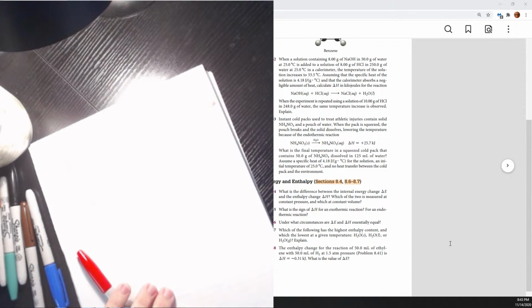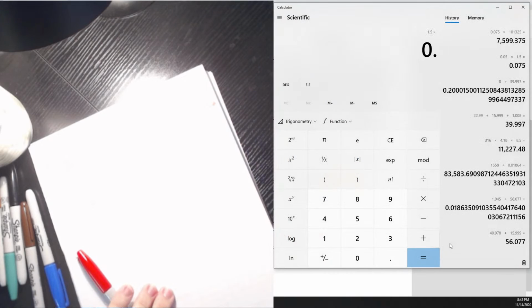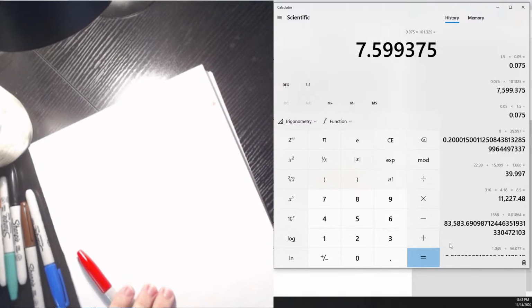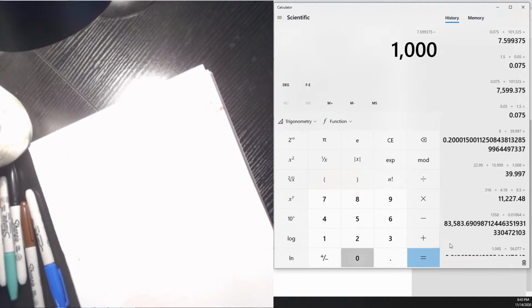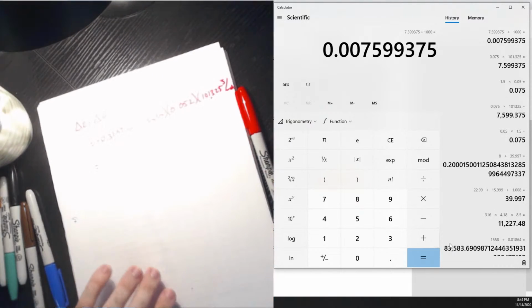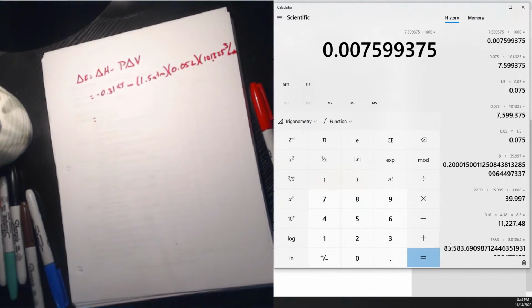So 1.5 times 0.05 times 101.325. Oh, how did I end up with that? I slipped a decimal place. That will definitely do it. So divide by 1,000 to get it into kilojoules. It's going to be a negligible difference, because 0.31 minus 0.007 will round to 0.30.